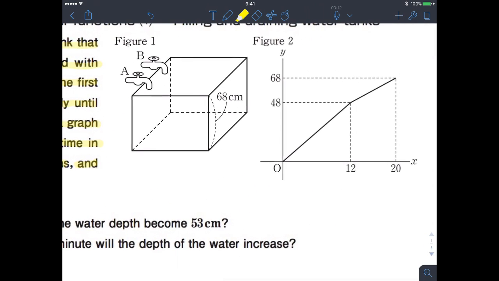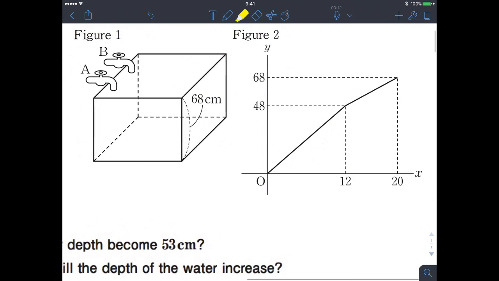So let's have a closer look at these figures. On the left, we have figure 1, which shows us the cuboid-shaped tank, and we also see we have pipe A and pipe B. And on the right side, we have a graph which shows the relationship between x and y. In this case, x is the elapsed time in minutes, so we can show that here.